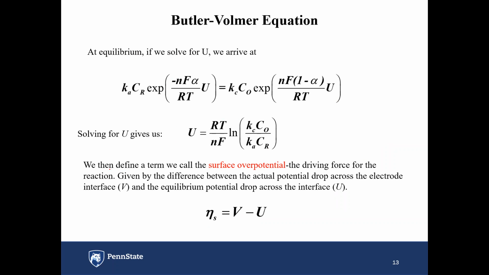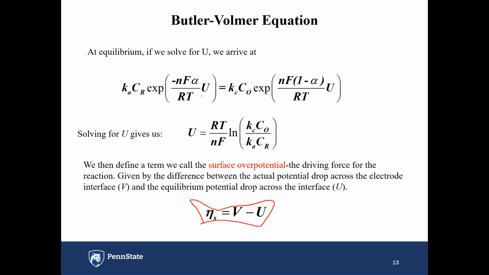And we can define another term called surface overpotential, like what we said. Surface overpotential is the driving force for the reaction, given by the difference between the actual potential drop across the electrode interface and the equilibrium potential drop across the interface, U. So this is what we are mentioning, the surface overpotential, right?